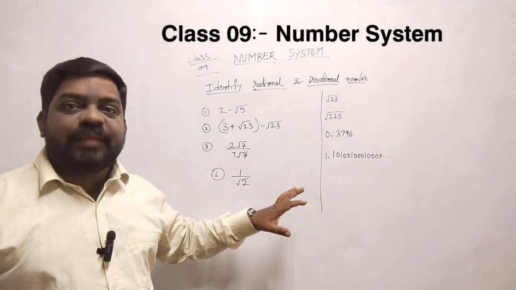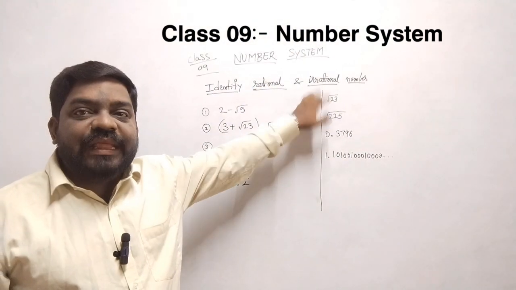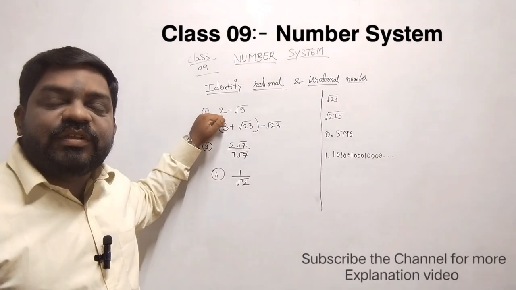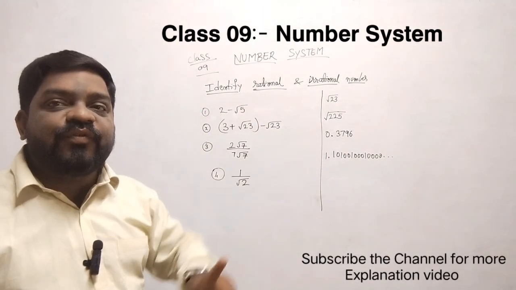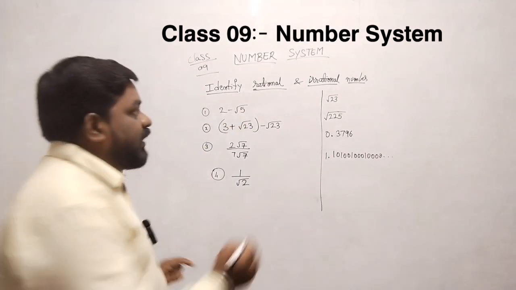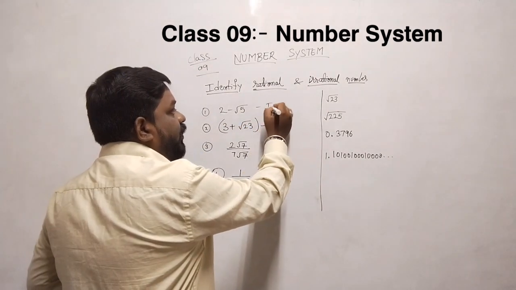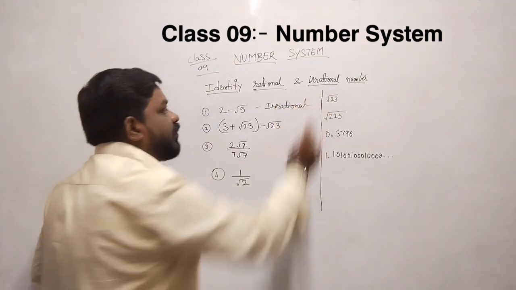Now look at the examples here and identify the rational and irrational numbers. First one is 2 minus root 5. Here root 5 is there. Root 5 is an irrational number, so therefore 2 minus root 5 will be an irrational number.